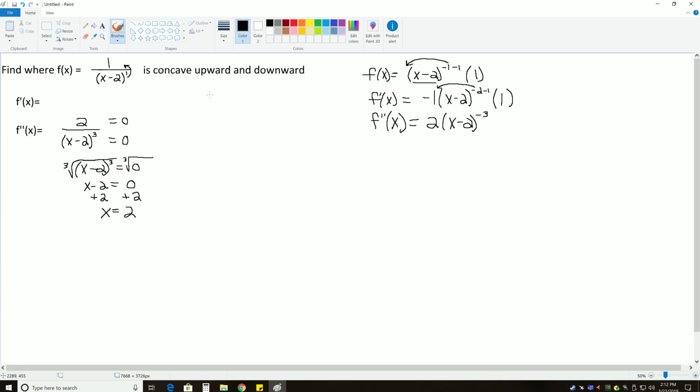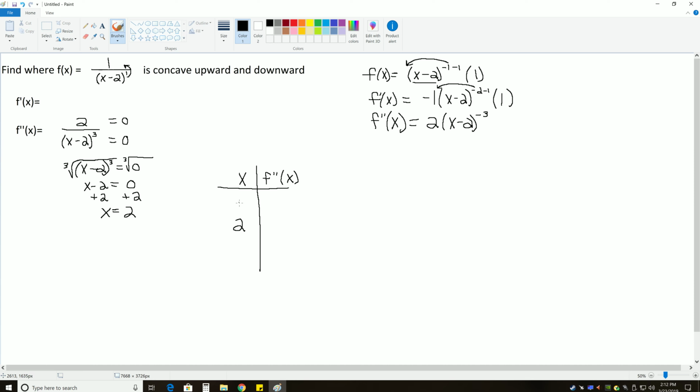So when we're testing concavity, we want to make a table or a number line, and we're going to test around that partition number. So we have x and f double prime of x. We're going to plug in our 2 for our x and a number to the left and right of it.